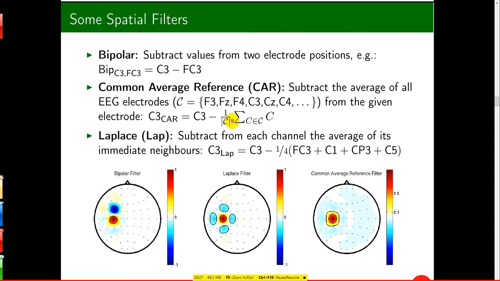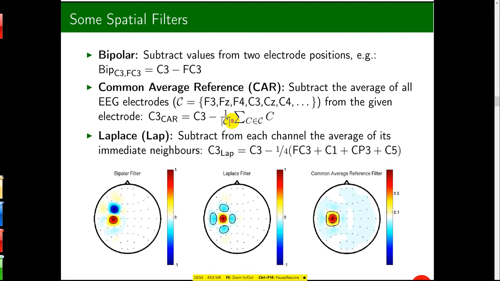Another one is more accurate, more localized than common average referencing. In this case, if you have a global average, in the Laplacian filter we try to make a local average and subtract. For instance, look at this. C3 is replaced by taking the average of the neighboring channels and subtracting C3.